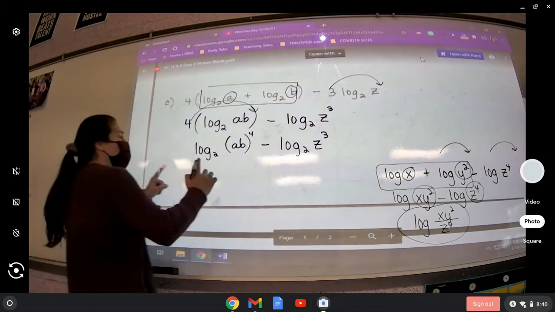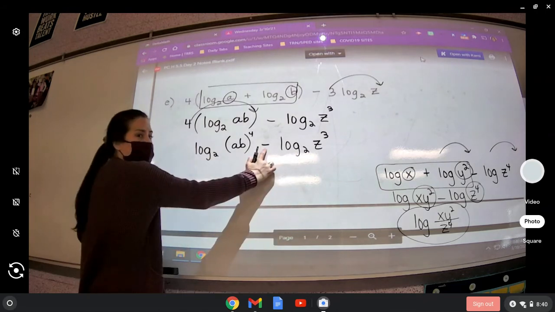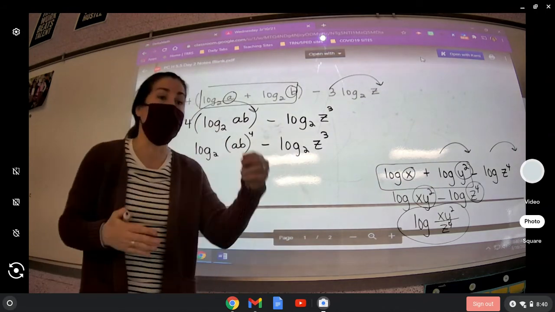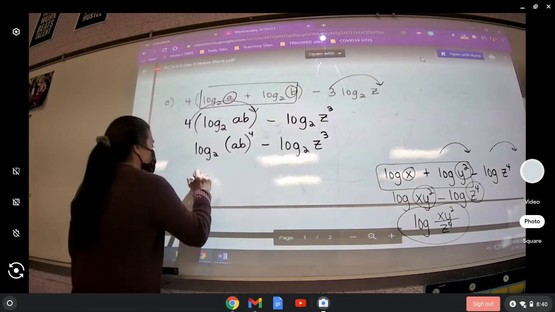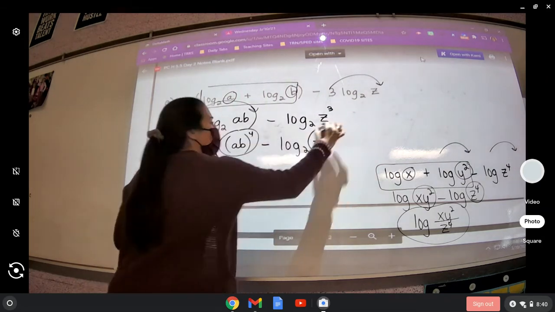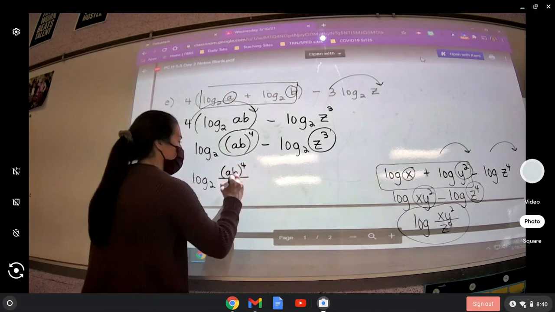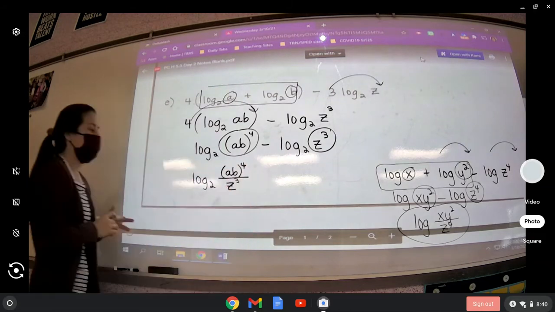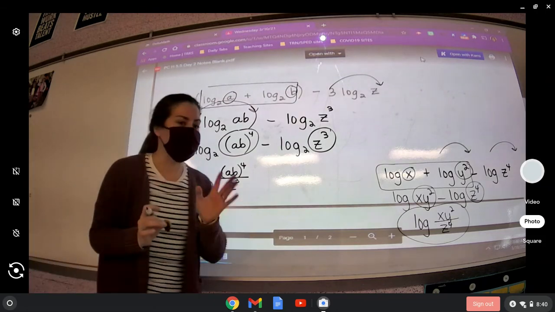So now you have 2 separate base 2 logs separated by subtraction. They can go back together as 1 base 2 log using division. So now it'll be log base 2 of this divided by that. So that is a simplified answer.